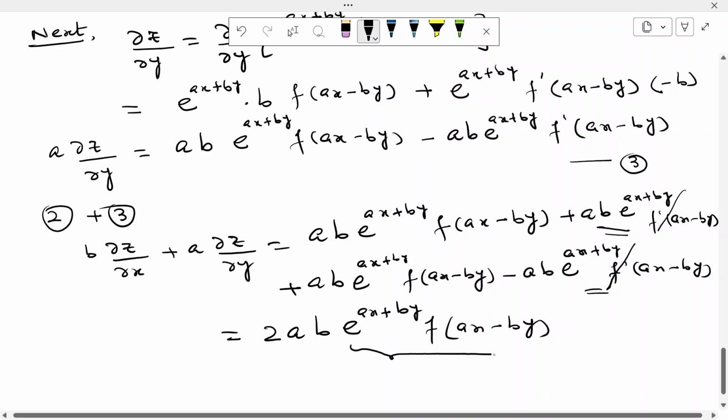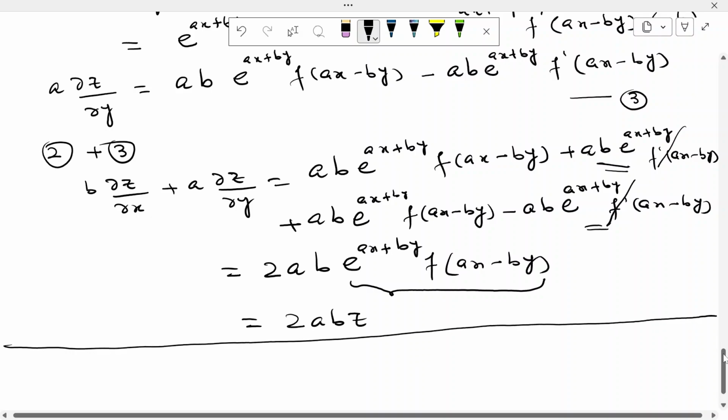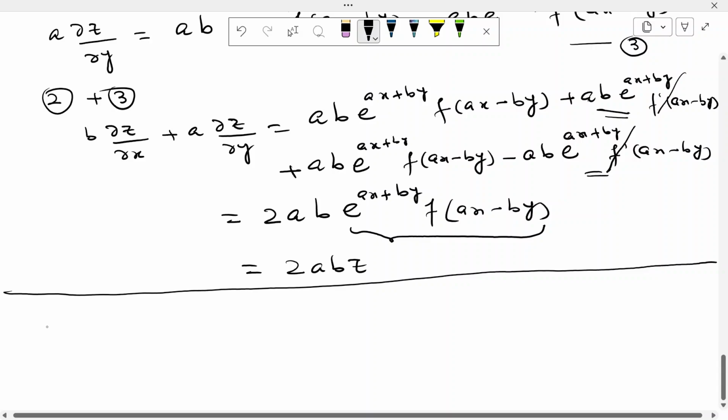And what is this? This is our z. So this is coming out as 2 times abz. Okay, so this is how we can find out the value of b times del z over del x plus a times del z over del y.